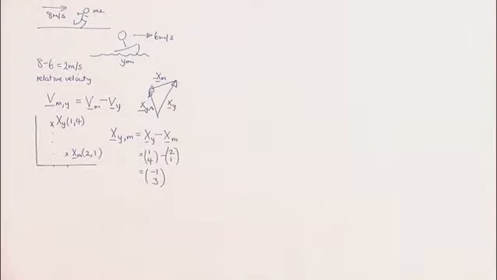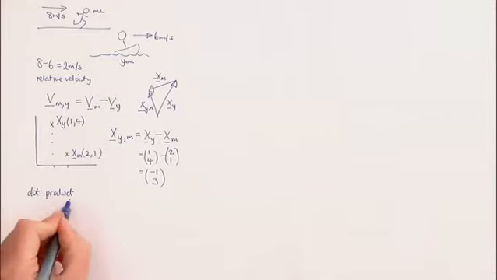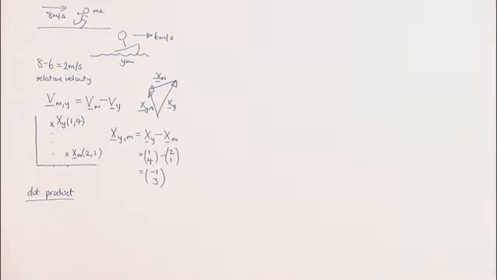So what else can we do with vectors? Well, instead of addition or subtraction, we can multiply them. We can multiply them in two ways: the dot product or scalar product, and the cross product or vector product. Let's start with the dot product. The dot product of two vectors is found by multiplying them component by component and adding the results together to get a scalar.